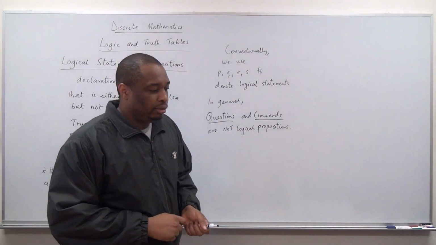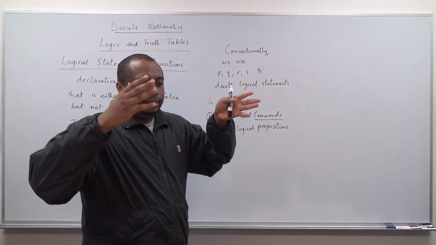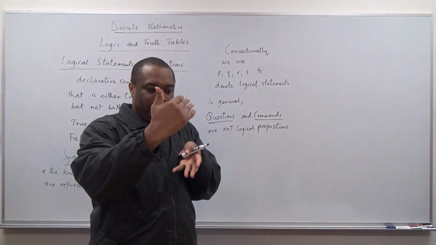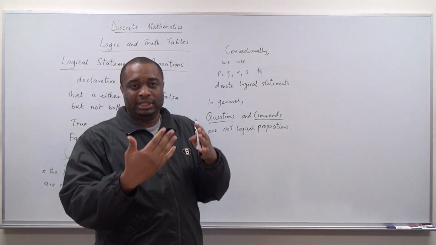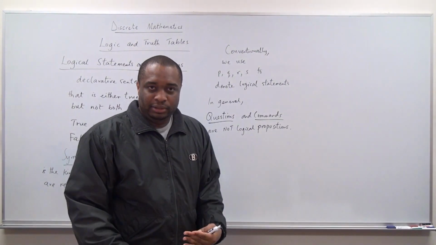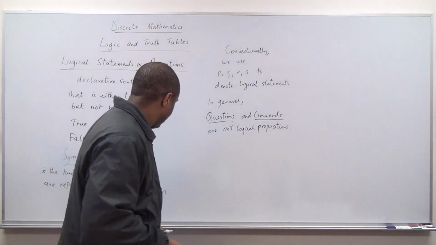Okay, so the next thing we will do now is let's consider truth values. And when you consider truth values, it now leads you into truth tables. Truth table is the table that has the truth values of each logical proposition.